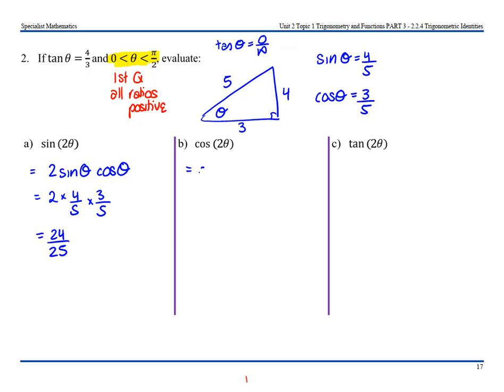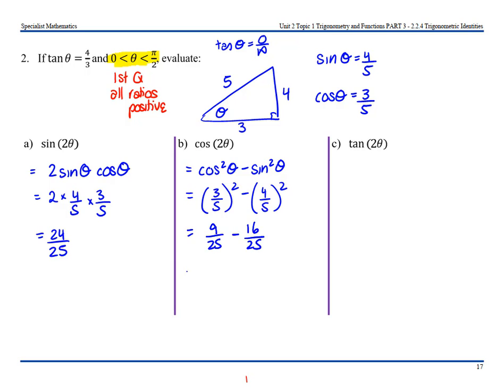Cos 2 theta is cos squared theta minus sine squared theta. So that becomes 3 over 5 all squared minus 4 over 5 all squared, which is 9 over 25 minus 16 over 25, which is negative 7 over 25.